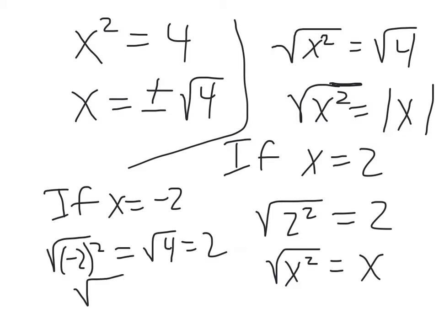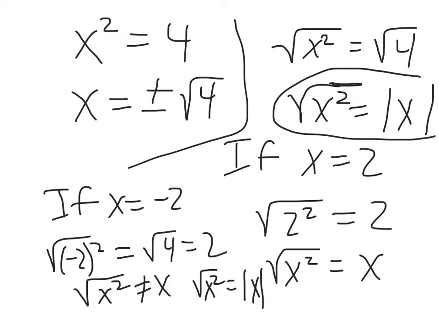So in this case, the square root of x squared is not equal to x because x was negative 2. Square root of x squared would still be the absolute value of x. Absolute value of negative 2 is 2. So technically, the square root of x squared is the absolute value of x.